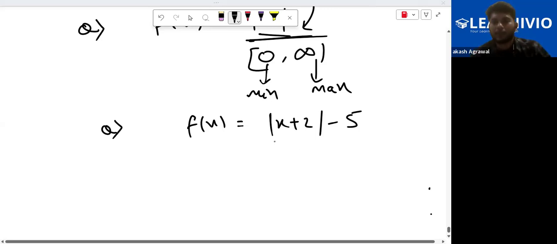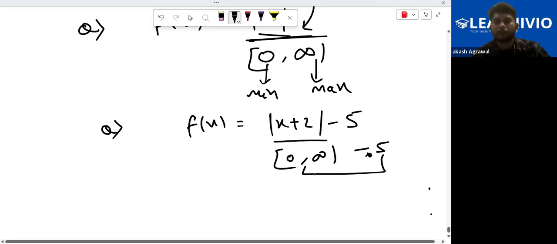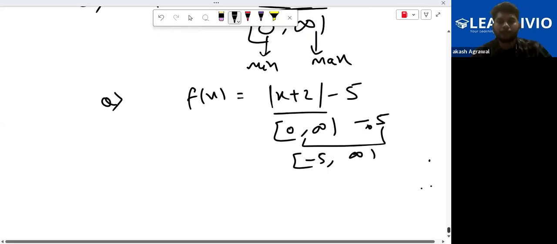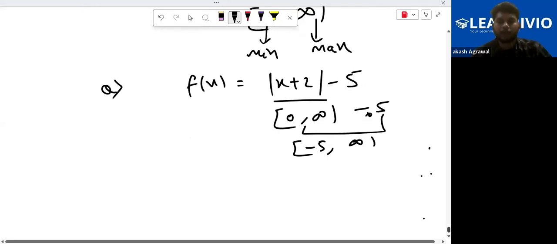Okay, so mod x is from 0 to infinite, right? And minus 5. So the least value of this complete function would be minus 5 to infinite. Yes or no, everyone? Yes. All right.